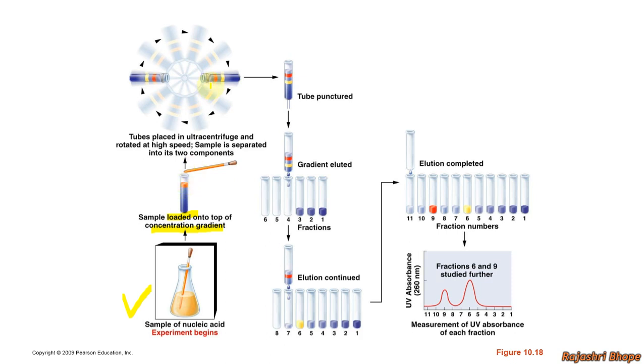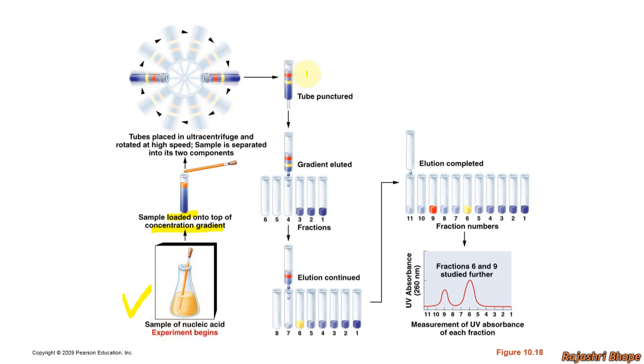Then these tubes are centrifuged. Once centrifuged, the sample runs down the density gradient and is immobilized where the density of the solution matches with the density of the sample.